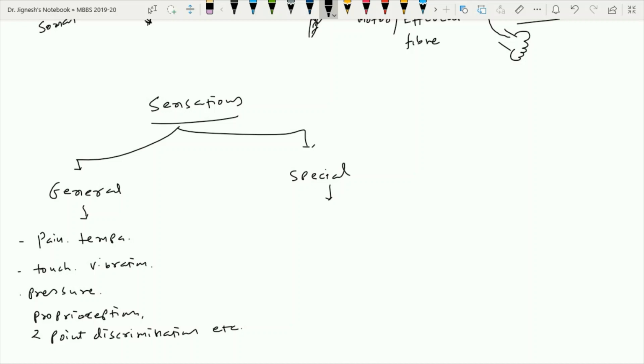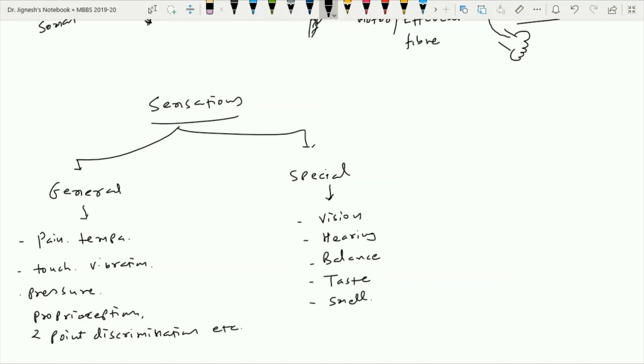While the special sensations are the sensations which can be felt with the special organs in the body, and these are mainly within the head and neck. These special sensations are the sense of vision, sense of hearing, sense of balance, sense of taste, and sense of smell.